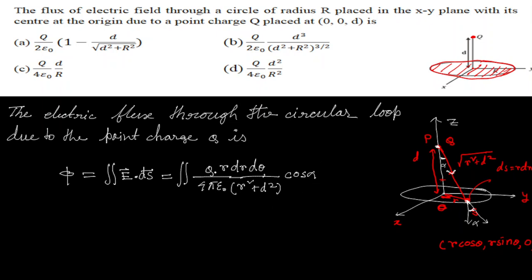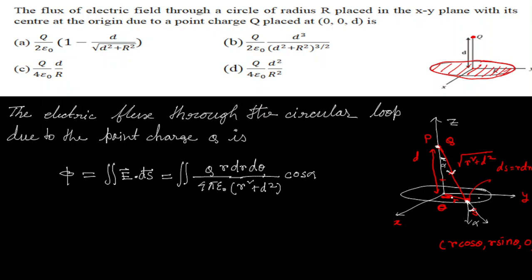But in this case, we have to integrate with respect to r and theta, but this alpha, you can see, if we consider a different point here, then alpha will be different. So alpha is a function of r and theta. If you take a particular theta and make different r, it will be different.